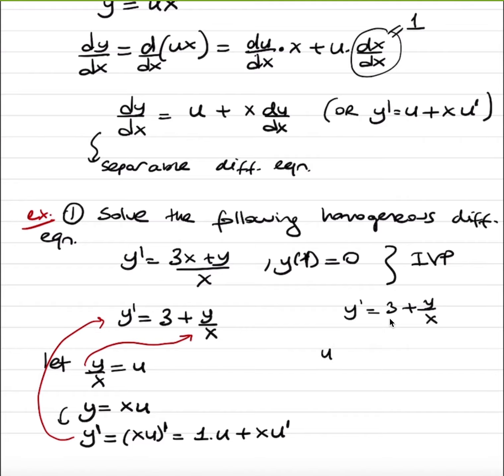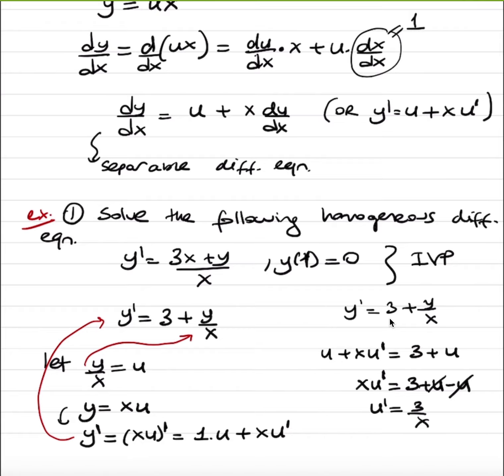So we find u plus x u prime is equal to 3 plus u. So now we have a very easy differential equation, right? So we have x u prime is equal to 3 plus u minus u. So these will cancel. u prime is equal to 3 over x.